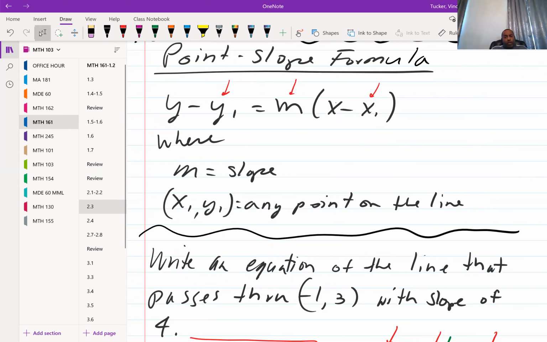So we want to write an equation for the line that passes through -1, 3 with the slope of 4.